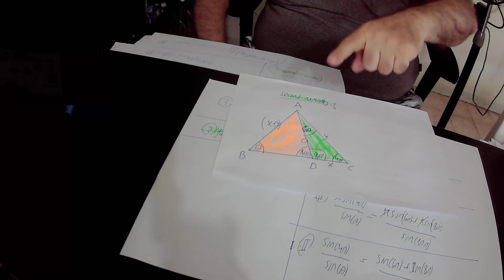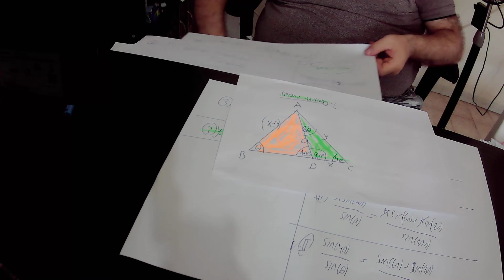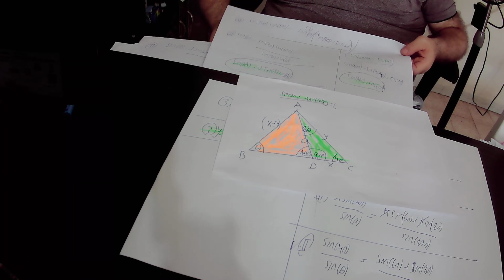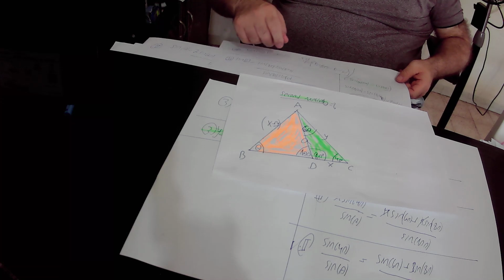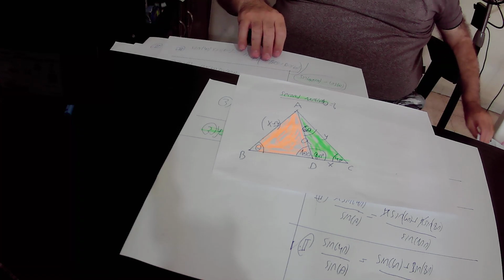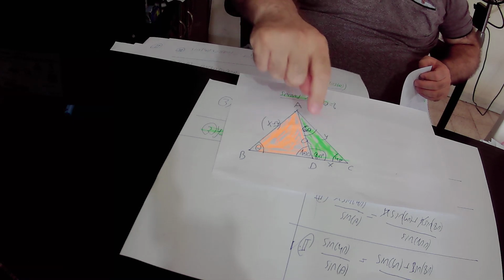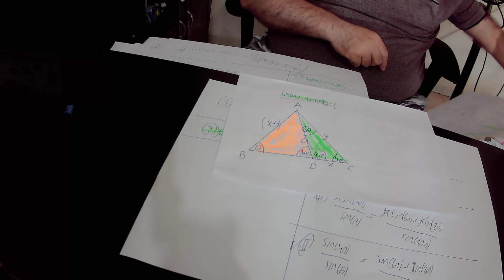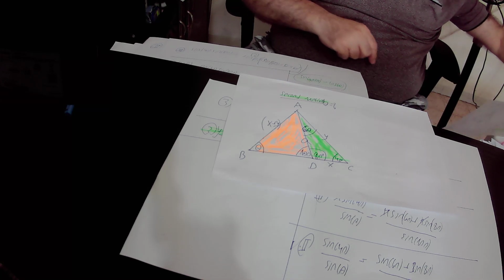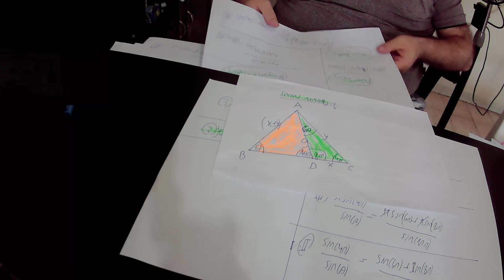Then we implemented the law of sines in the orange triangle, triangle ABD. According to the law of sines in triangle ABD, AB over sine 100 degrees equals AD over sine theta.